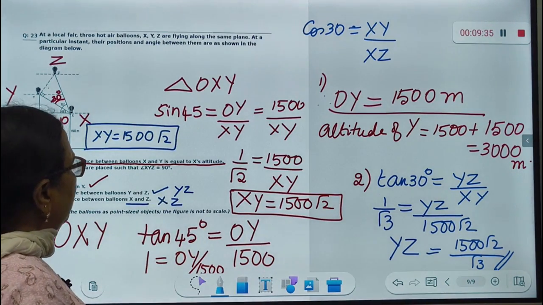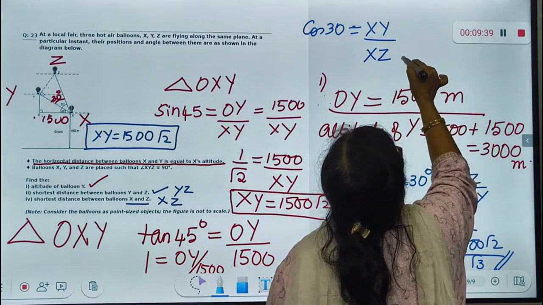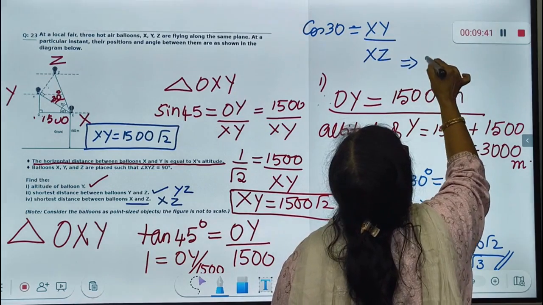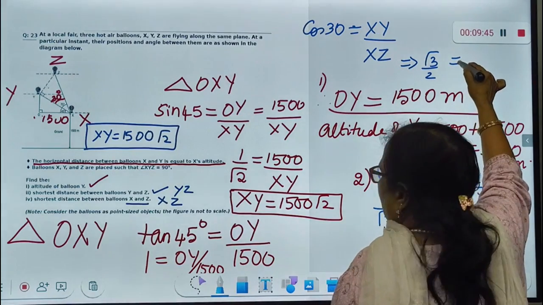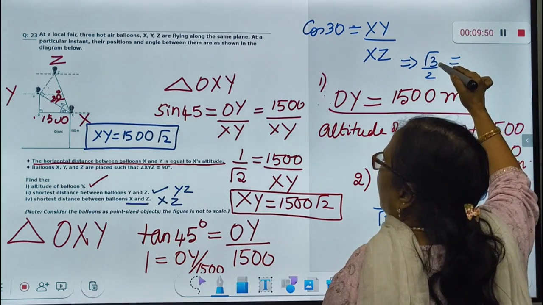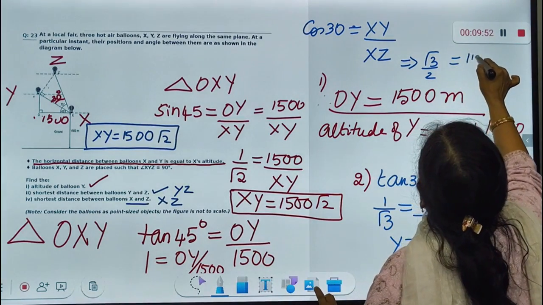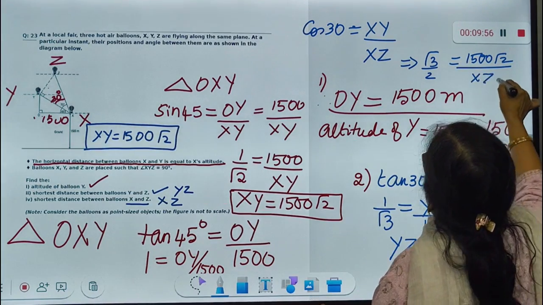Do I know XY? Yes. What is XY? 1500 root 2. So root 3 by 2 is equal to XY, which is 1500 root 2, by XZ.